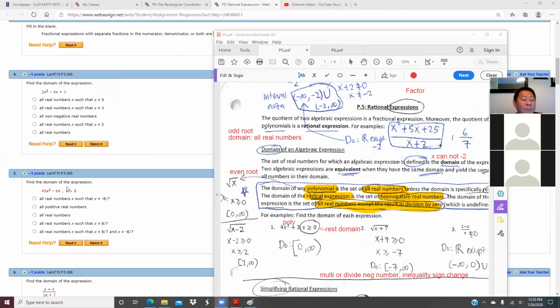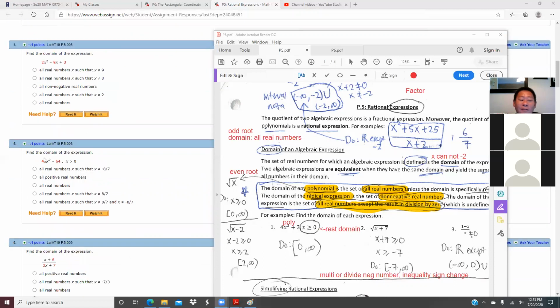Good. What happens for question 5? Now this is a polynomial, and now it has a domain restriction here. Then what is the domain here? A, B, C, D, E. So like what we did last time, like number 1, remember this question number 1 that we have here?